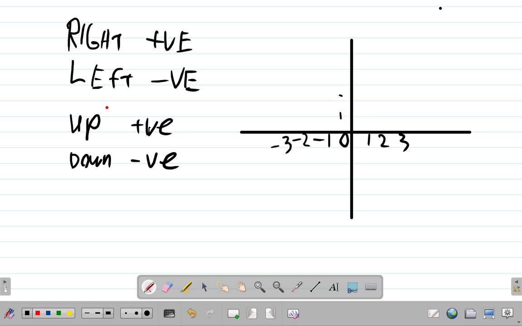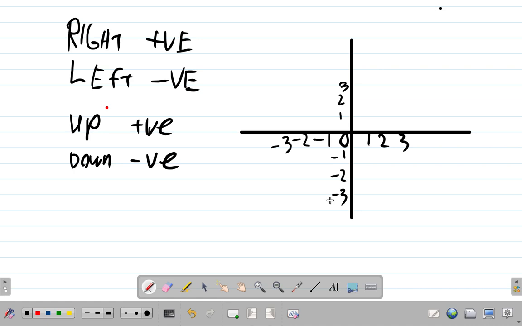Positive numbers go up, negative numbers go down. You have positive numbers to the right of the 0, the origin. Negative numbers to the left of the origin. Positive numbers above the origin. Negative numbers below the origin.